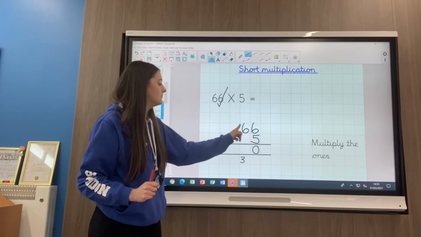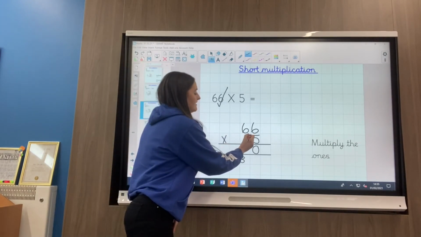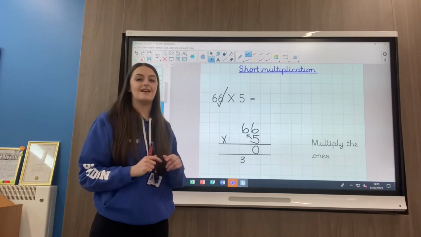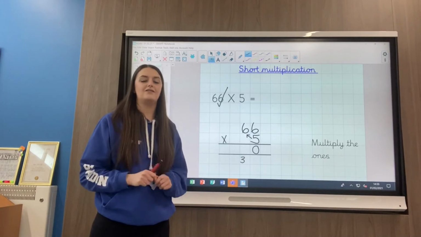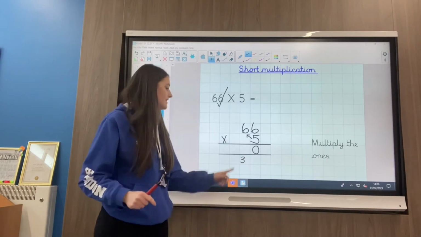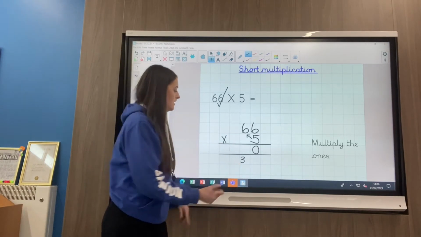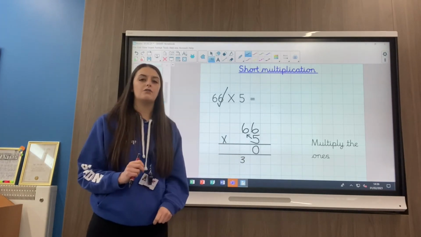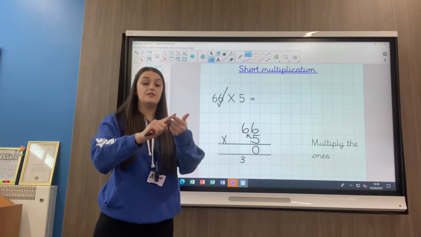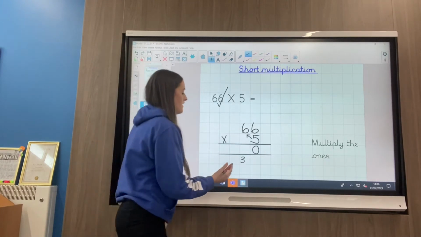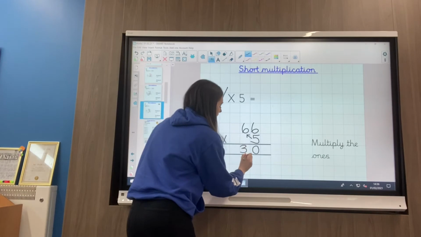I'm now going to multiply the tens. 5 times 6 tens. Now I've just done 5 times 6. 5 times 6 is 30. So that's going to be 30 tens. But I've got these 3 to add on. 30, 31, 32, 33. So I'm going to cross that off.